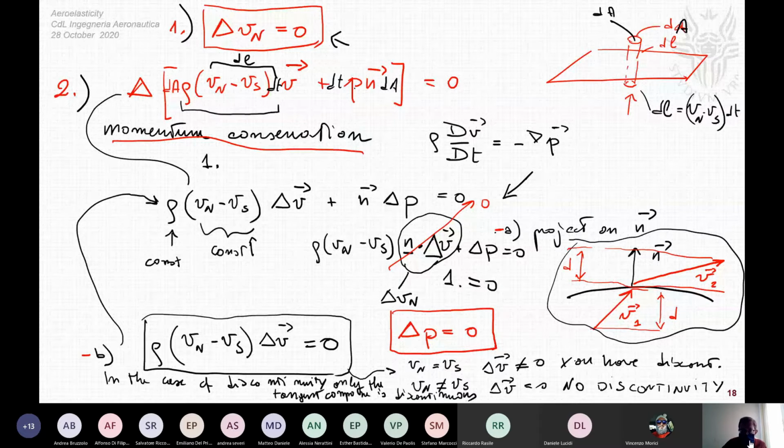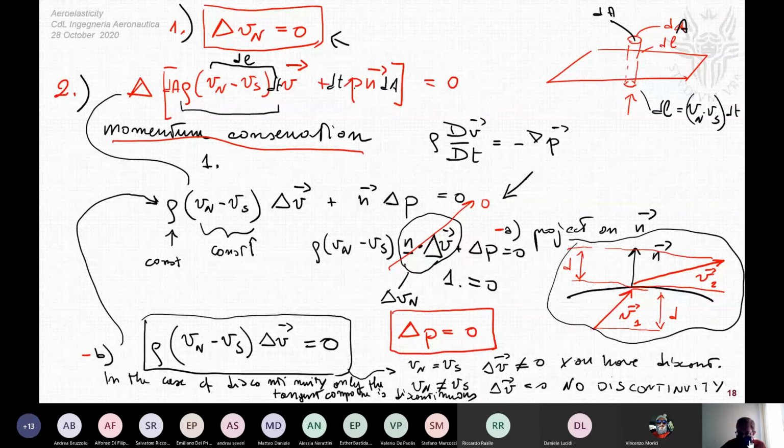and after this consequence, we arrive at the conclusion that we don't have any kind of pressure jump, and the only two possibilities for the discontinuity are that the discontinuity does not exist.